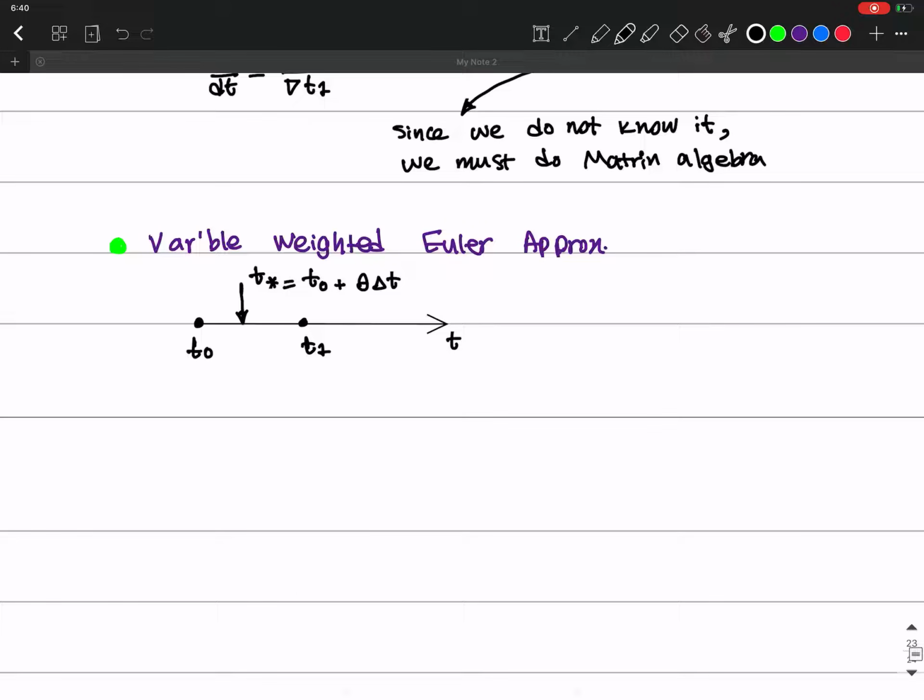So then du over dt, I can approximate as u1 minus u0 over delta t. And for f, I'm going to evaluate it at u star and t star.